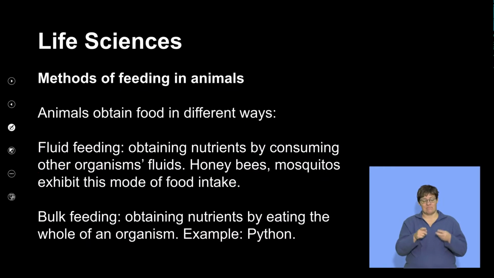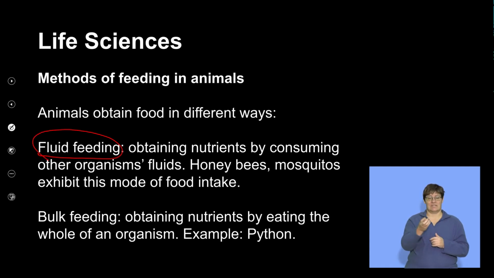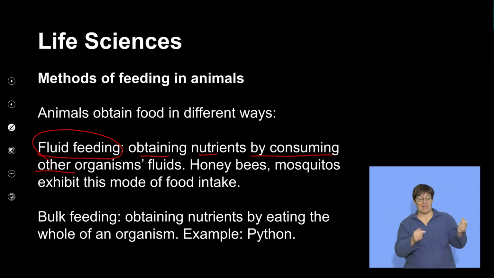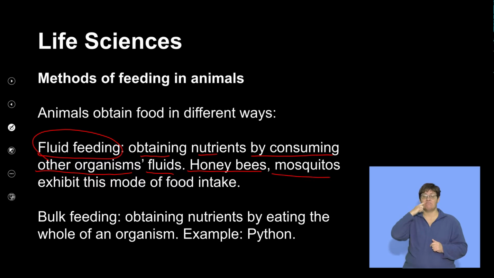Another mode of feeding is called fluid feeding. Again, this refers to obtaining nutrients by consuming other organisms' fluids. We see this in honeybees, mosquitoes, and you know what they do. These exhibit that mode of food intake.